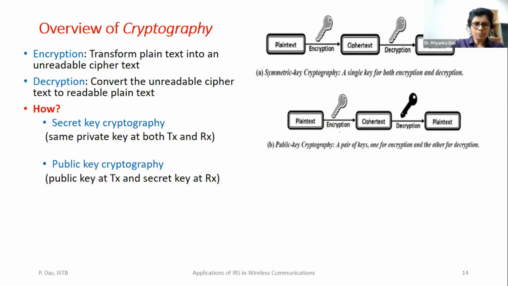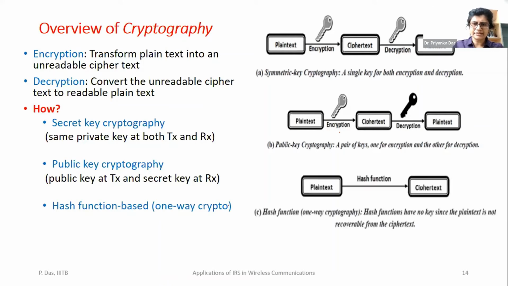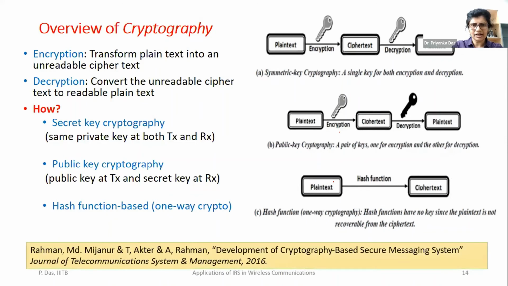Also, people use a third category, which is hash-based crypto, a function that changes your plain text to ciphertext, and it is not reversible. It cannot get back to plain text from ciphertext, so it's called one-way cryptography. I'm not good at all of this, so let me not go in depth. If you are interested, I can go into the cryptography-based secure messaging system.